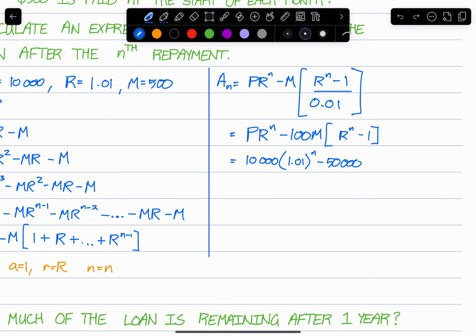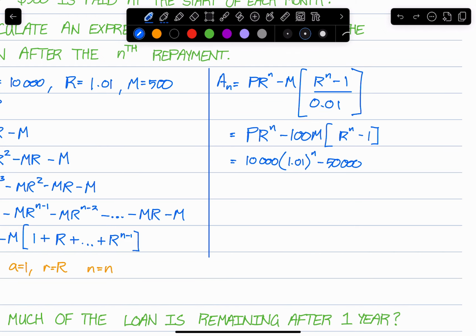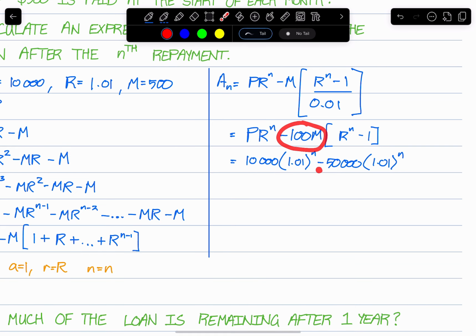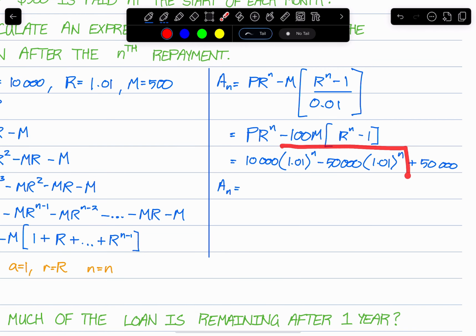And I'm going to immediately expand that with R. Now remember, R here is the same one here. So expanding that, I get 1.01 to the power of n. And this negative 50,000 is going to multiply with this negative 1 to give me plus 50,000. And I hope we can see here, these two are like terms.